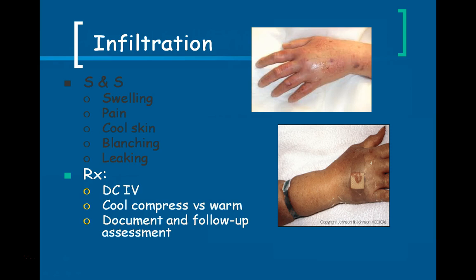And usually there is a policy for how we do follow-up and what we document. Sometimes we may be measuring the area that's swollen. We may be documenting how far up the arm the swelling is. But look for that procedure so that you know how it needs to be documented.